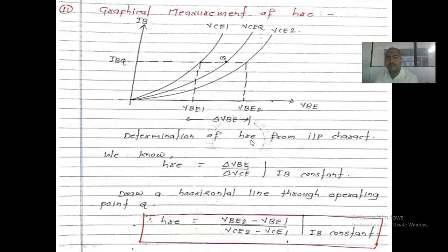Options will be IB value, IC value, IE value and none of the above. In that case you have to write your answer as the IB value should be taken as a constant. Okay, is that clear?